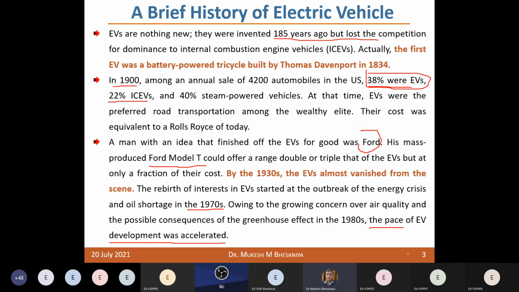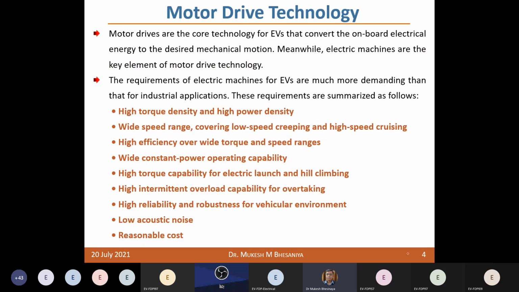Okay, but that is also reported in the literature, just to think out of the box regarding charging of batteries. Now our discussion is related to the motors and related converters. If we talk about motor drive technology, you will find a lot of motors used in the EV. Mainly DC motors are used.